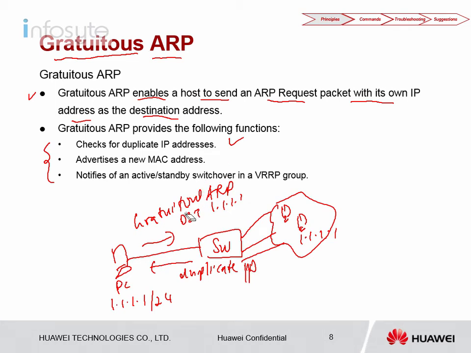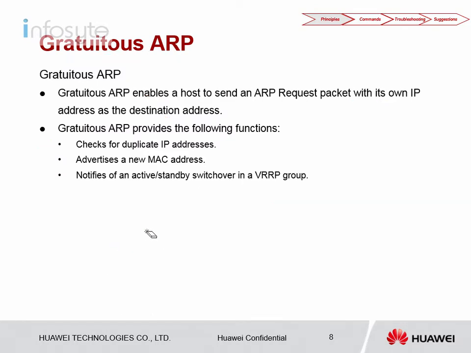Second, we have advertising a new MAC address. Assuming that I have a new PC connected to the switch, this computer is going to send out the destination as its own. The reason is that maybe you have changed your network card to a new network card with a new MAC address.